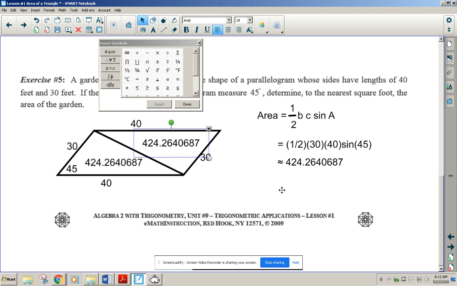So what's the overall area? With this on my calculator, I'm just going to hit times 2, and I get 848.5. So this is why it's so important to not clear out your calculator.